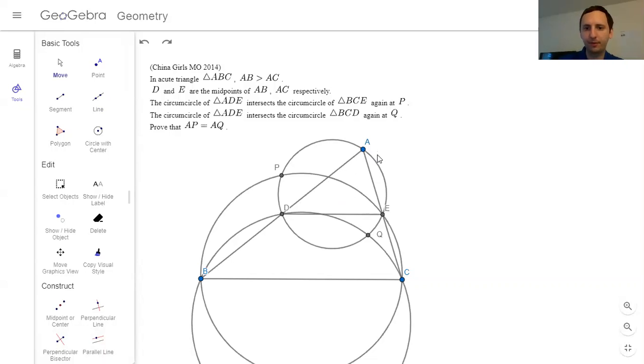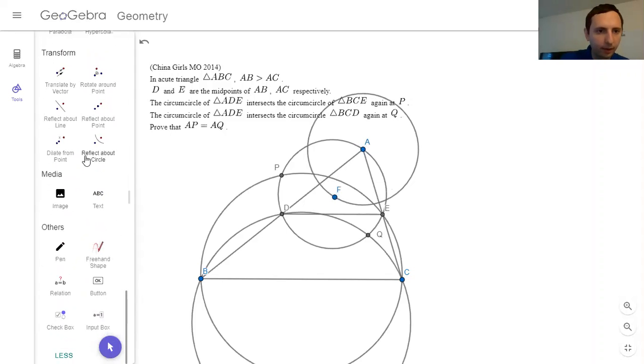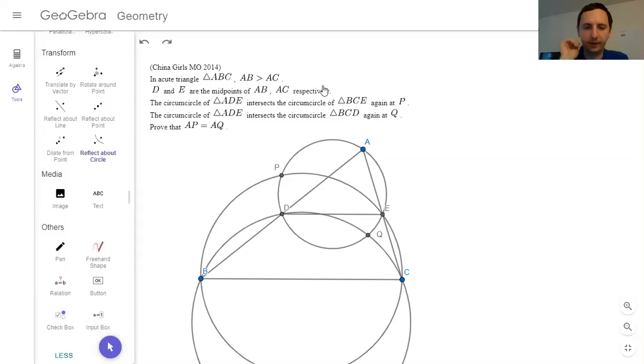Should I invert about... I'm not sure what radius I should choose. Maybe any radius. Okay. So what would that do? If I pick a circle, let's say, and I try to invert everything about it. Yeah, let's think a little bit through it before doing it. How would that help?